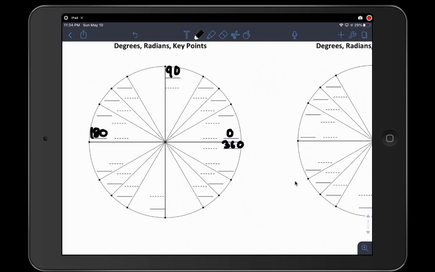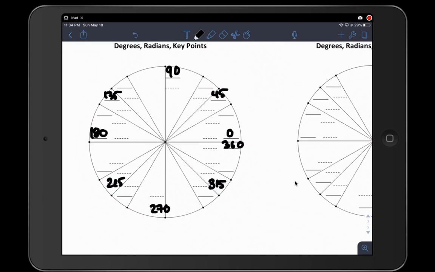So then that's 90, and then this would be 270. Okay, and then half of 90 is 45, and then 90 plus 45 is 135, and this would be 225, and then on top of 270, that would be 315. Okay, so you can start to see this could start going really, really fast if you're putting in the effort.